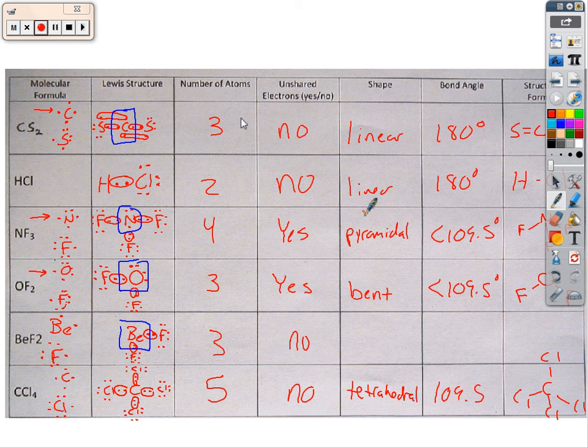This, like the first one, is linear. 180 degrees. Arrange everything in a row. Single lines because we have single circles between the Be's and the F's.